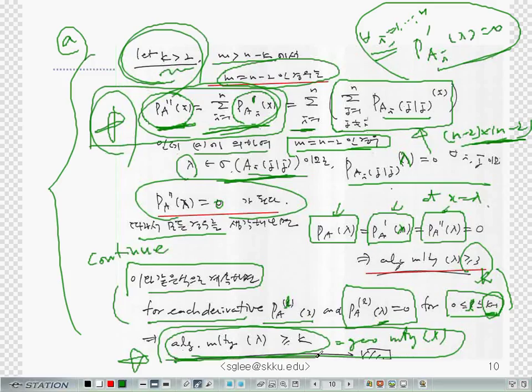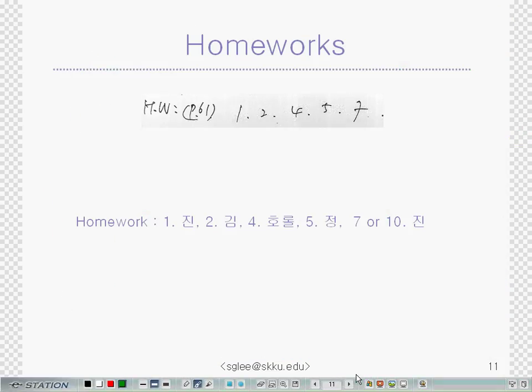Okay, now you have this: the algebraic multiplicity of each eigenvalue is greater than or equal to the geometric multiplicity of each eigenvalue. Okay, that's the end of chapter 1.